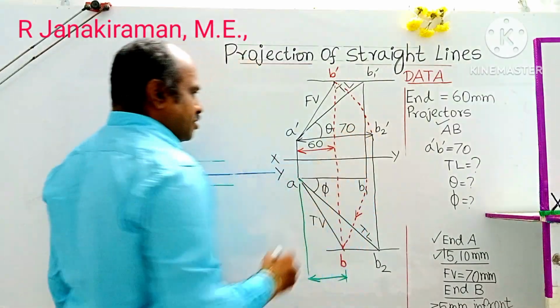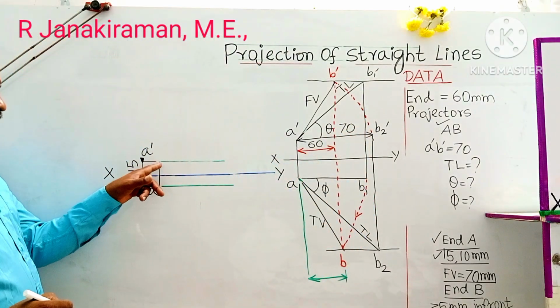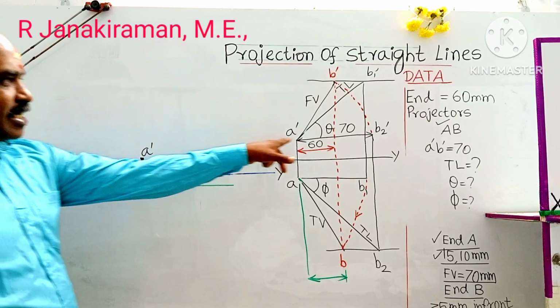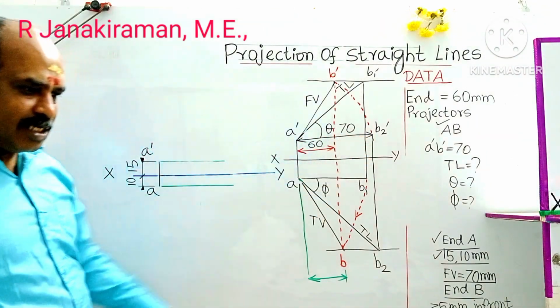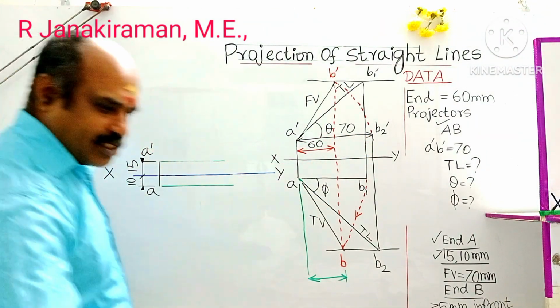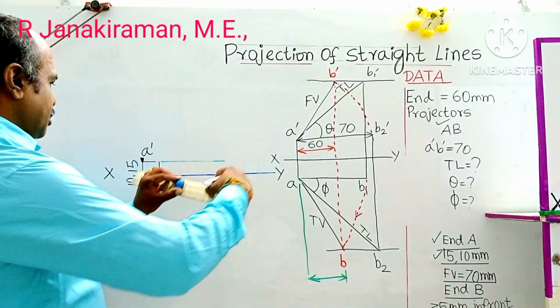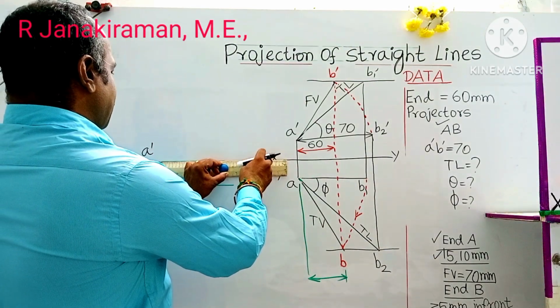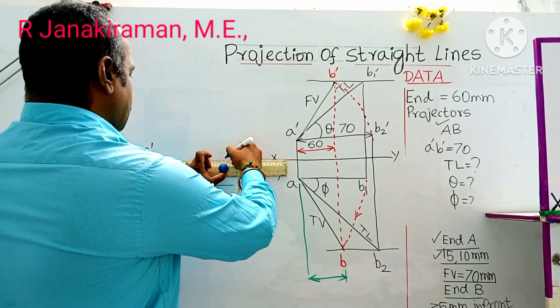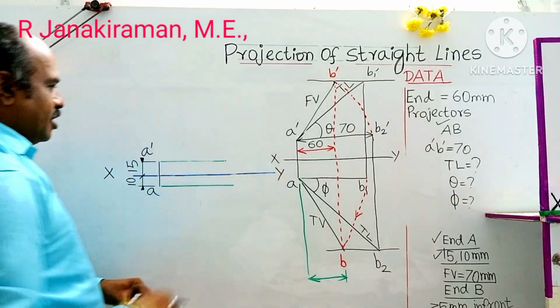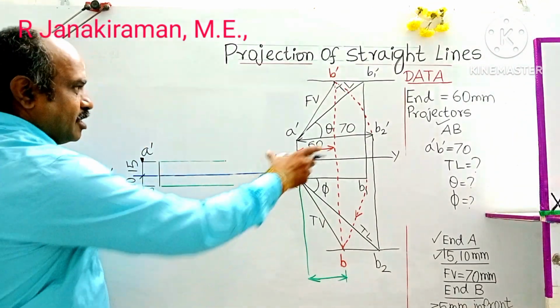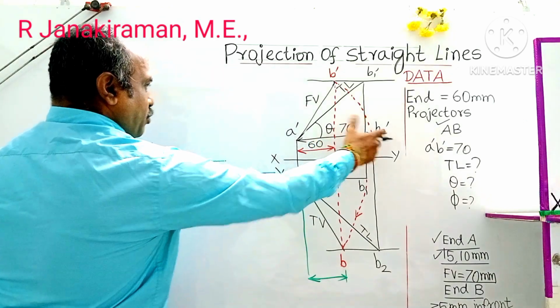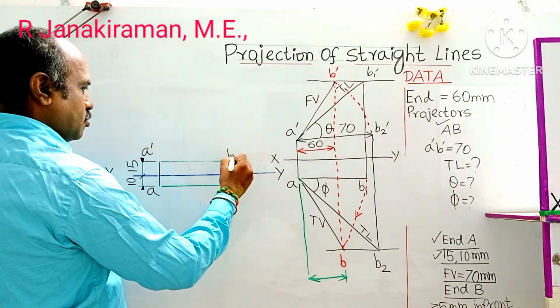So we use this data. This is the horizontal line passing through A dash, and this is that line of length 70 mm. 70 mm means 7 centimeter. Mark the distance in your diagram. The end point shall be marked as B2, B2 dash.